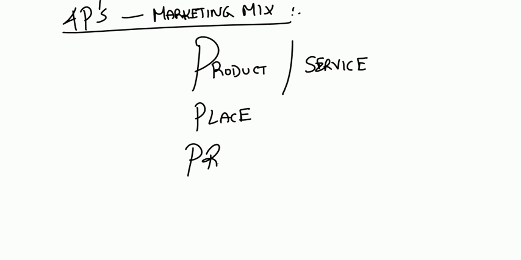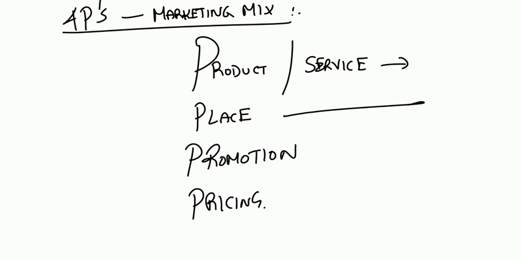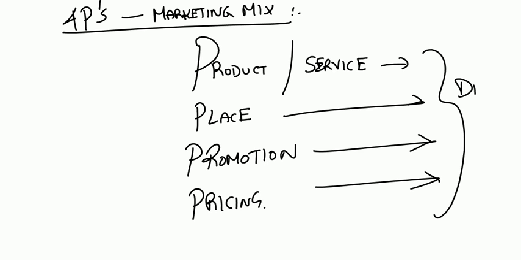Then the promotion techniques, and finally the pricing. Each and every P is really big enough to discuss. We are going to have these things in separate sessions anyway in our video tutorials, but I'll just give you a gist of what each and everything is right now.